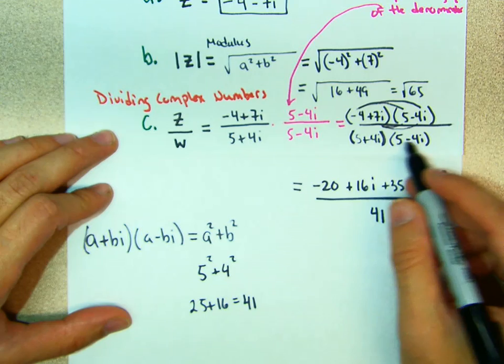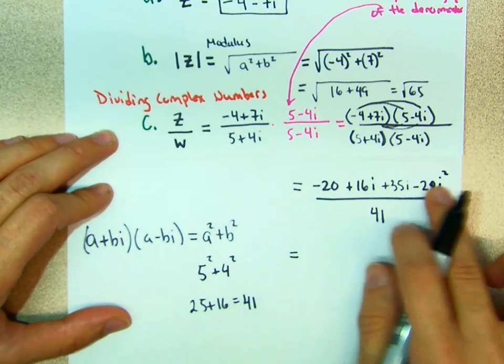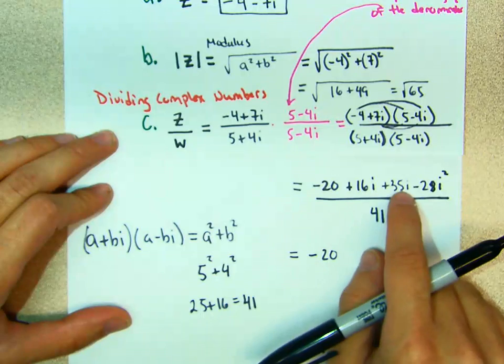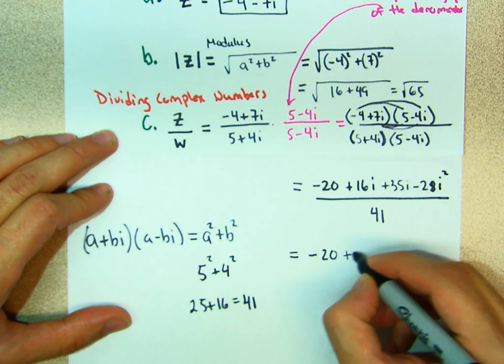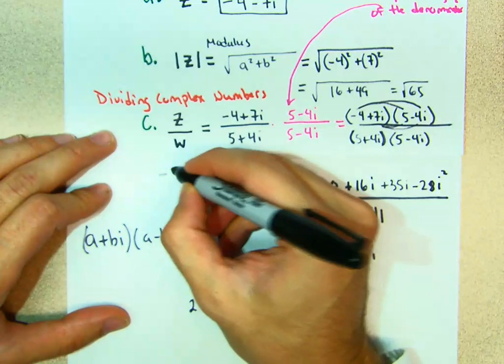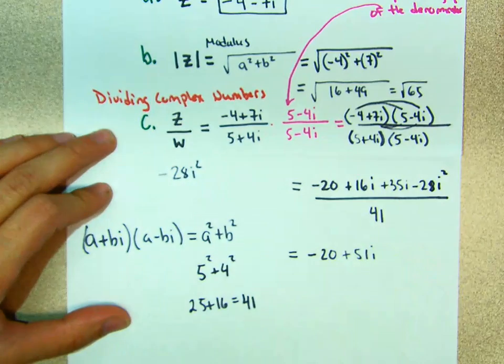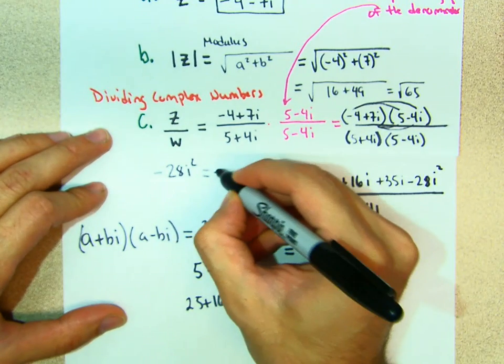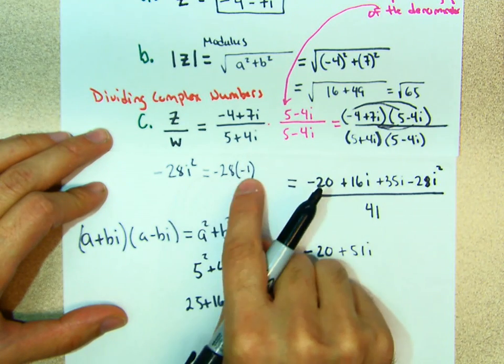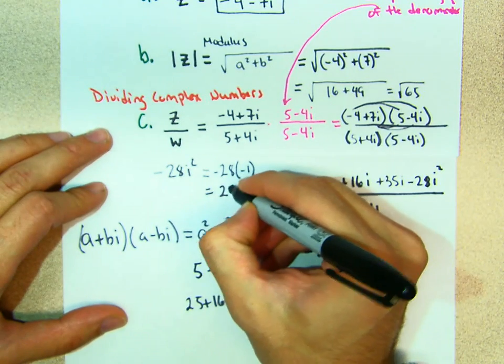But here, the bottom is 41, and let's simplify the top. It's just negative 20, right? 16i plus 35i will be 51i, and negative 28 i squared, right? That's just negative 28 times negative 1, because i squared is equal to negative 1, so this just becomes 28.